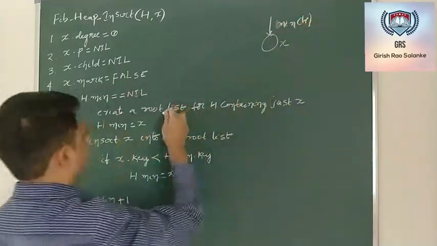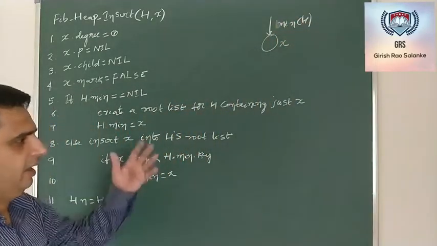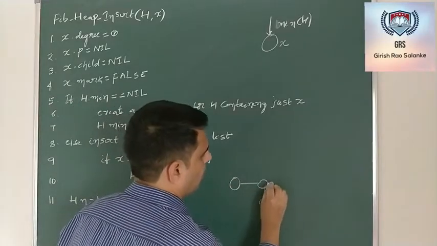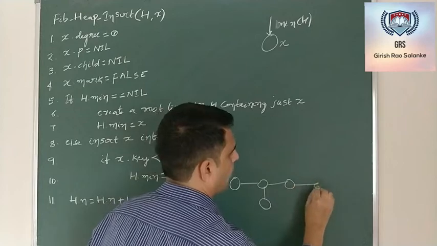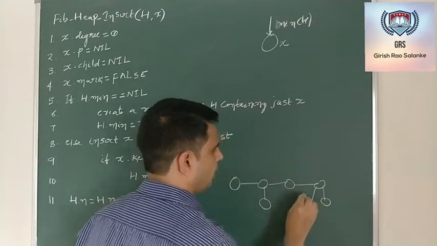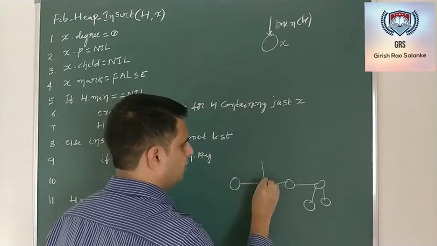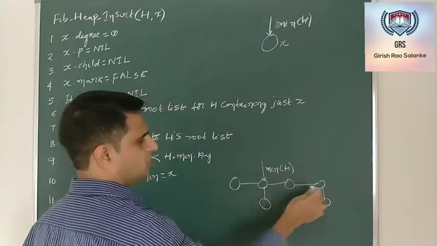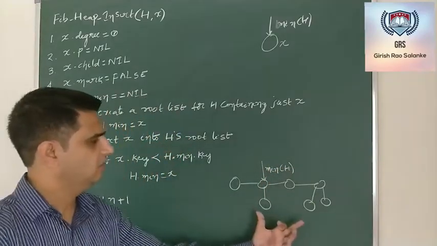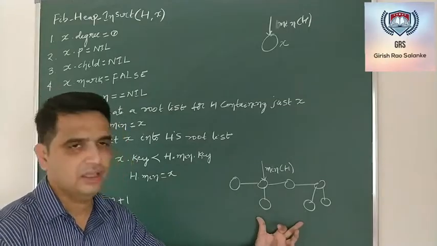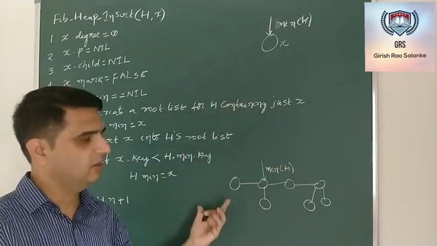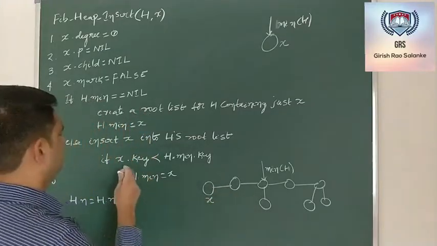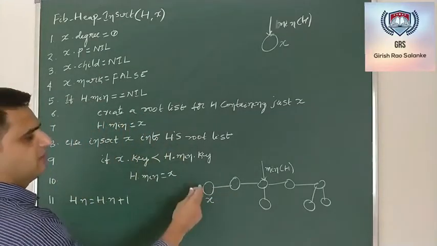If a Fibonacci heap exists, say for example, if this is my Fibonacci heap and this was my min of h, don't worry about the information stored in each of these nodes. If this was my h and now I need to add x here, I'll just insert x into the h root list.